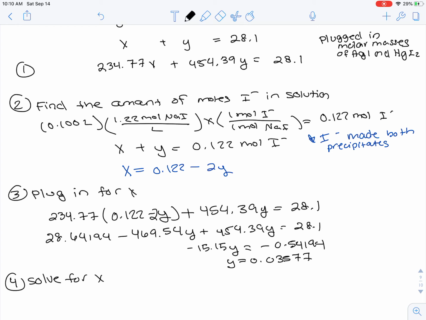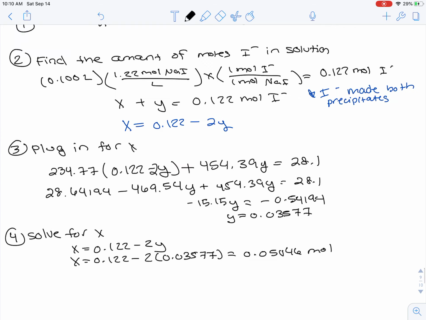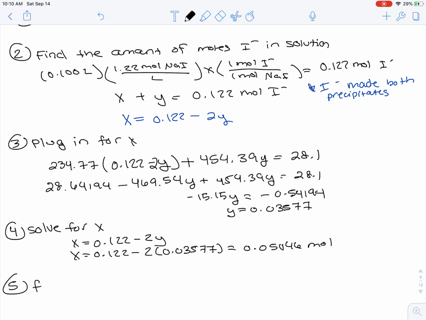We know that we said that x is equal to 0.122 minus 2y. You plug in what you got for y, which is equal to 0.05046 moles. And then find mass.